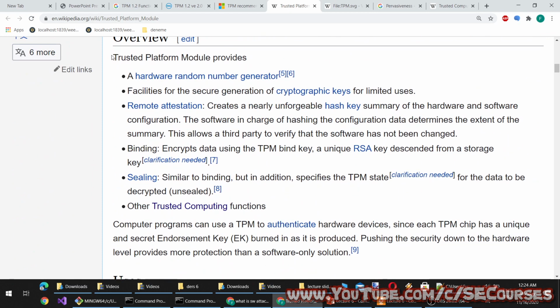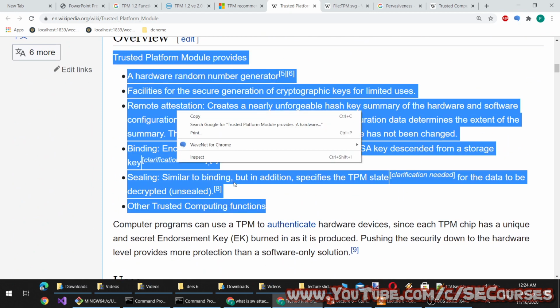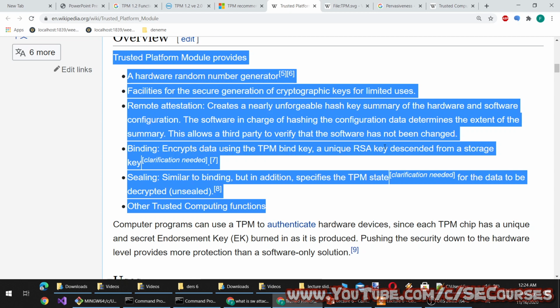So what functionality does it have? Trusted Platform Module provides a hardware random number generator and facilities for the secure generation of cryptographic keys for limited uses. Remote attestation creates a nearly unforgeable hash key summary of the hardware and software configuration. The software in charge of hashing the configuration data determines the extent of the summary. This allows a third party to verify that the software has not been changed.